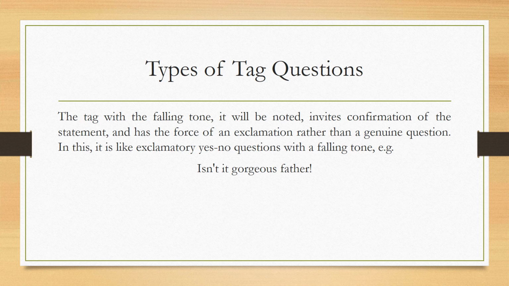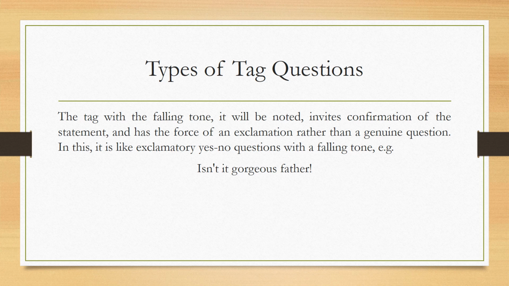Okay, in this it is like exclamatory yes no questions with a falling tone, so as if we are making a yes no question, okay, but with a falling tone. You remember when we explained the yes no question, we said that they are produced with the rising tones. But suppose that we make a yes no question but with a falling tone.